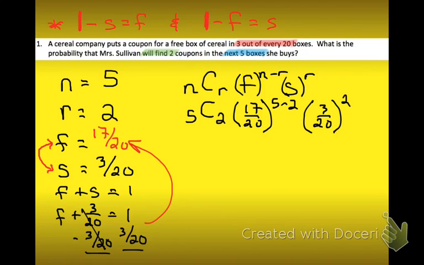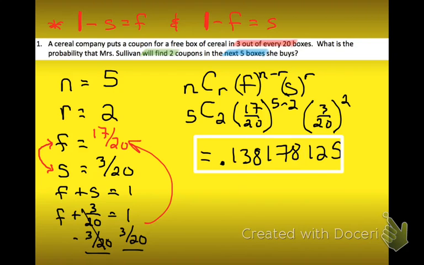When you put it into your calculator, it spits back this crazy thing like 0.138178125. That sounds ridiculous, but your calculator will not change that to a fraction because it is an irrational number. That's really all there is to it.